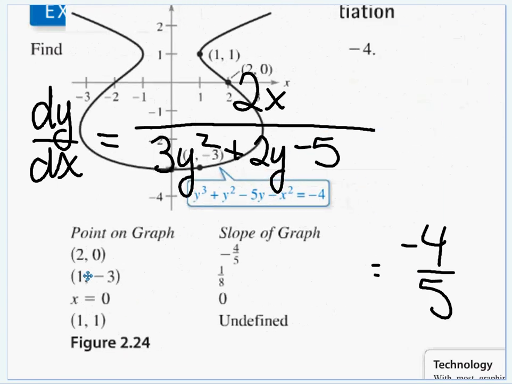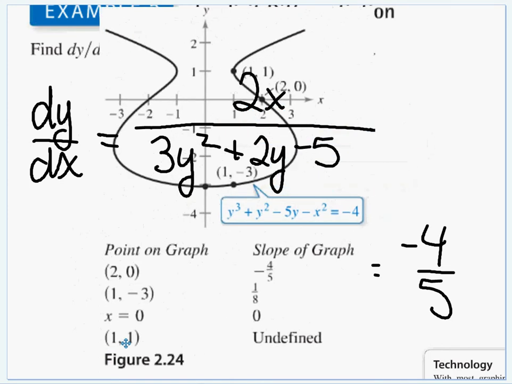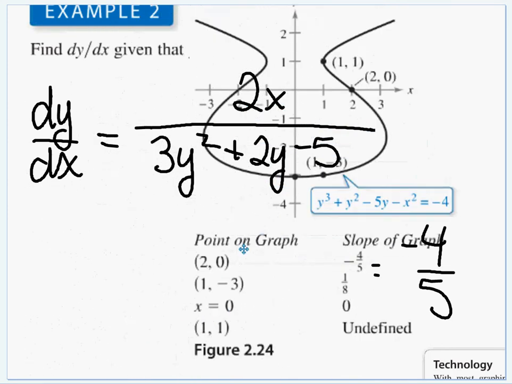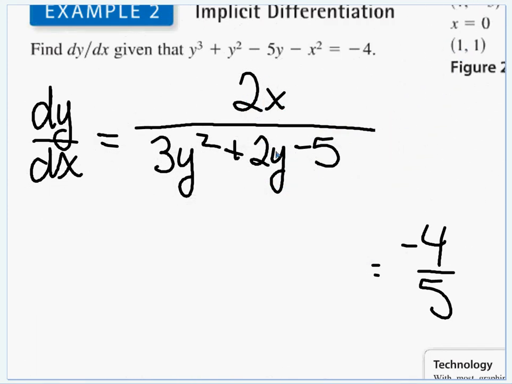And then they do that with a couple other points. At 1, comma negative 3, plug in x is 1, y is negative 3, you get out a 1/8. At 1, 1, you would get a 0 denominator, and that makes the function undefined, undefined slope. So again, our derivatives can now contain both x's and y's to find slopes at those different points.